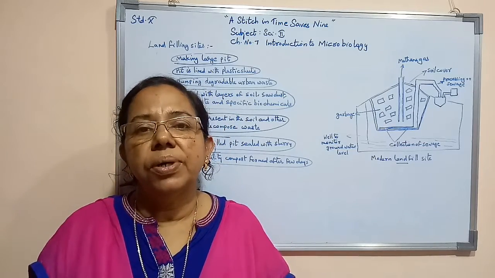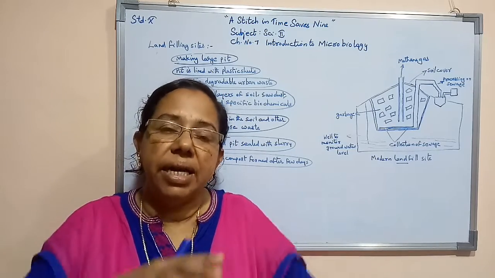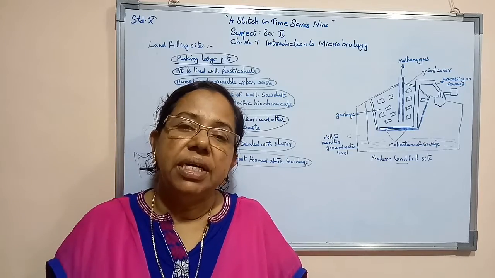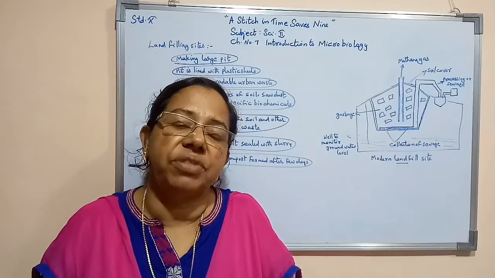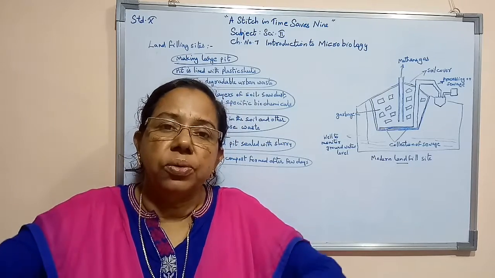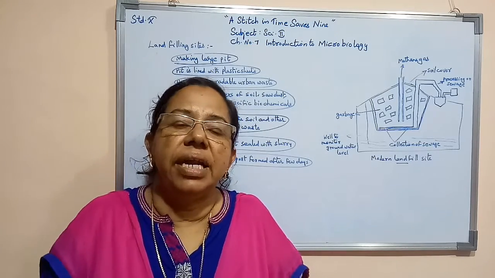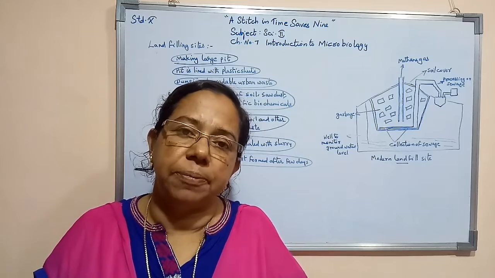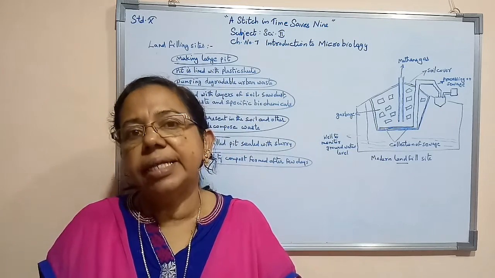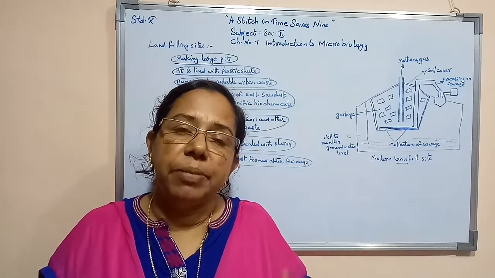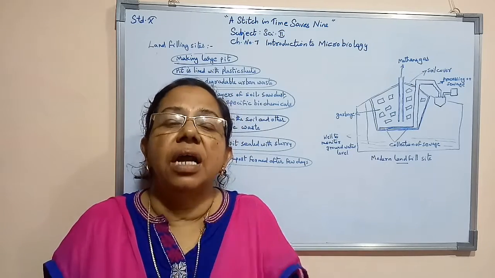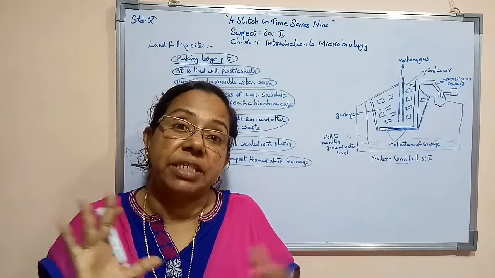There we have to dig and make a large pit. Then inside the pit, as well as the bottom part of the pit, we have to stick a large plastic sheet. And then inside that sheet we have to fill a large quantity in compact condition, that means pressed condition. Why are we pressing it?